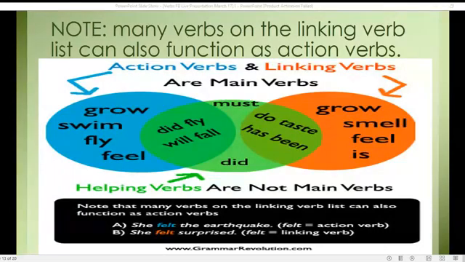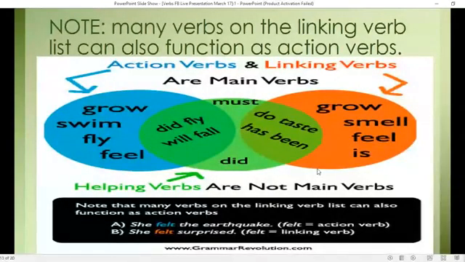She felt surprised. So, nag-iiba siya ng function. Pwede siya maging linking verb, pwede rin siya maging action verb. However, linking verbs or even the auxiliary verbs cannot apply with these functions.